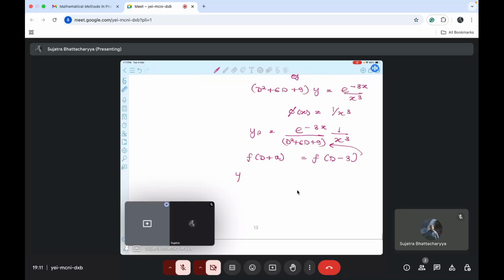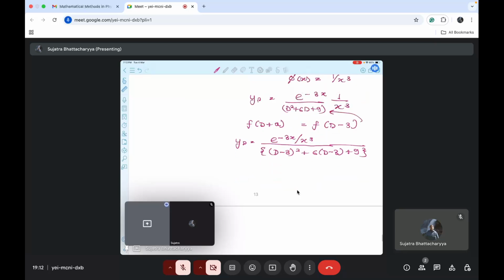So your y_p is e to the power minus 3x, 1 upon (D minus 3) whole square plus 6 of (D minus 3) plus 9, acting on 1 by x cube. Right? This is the rule, and this is what we are proceeding with.